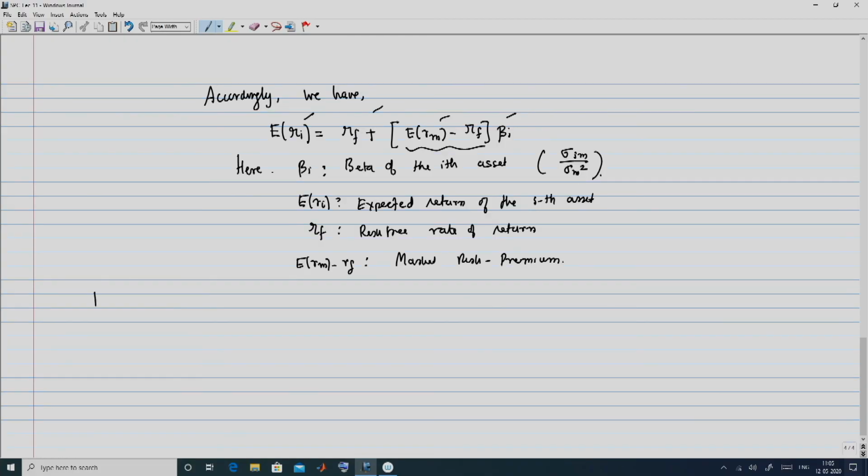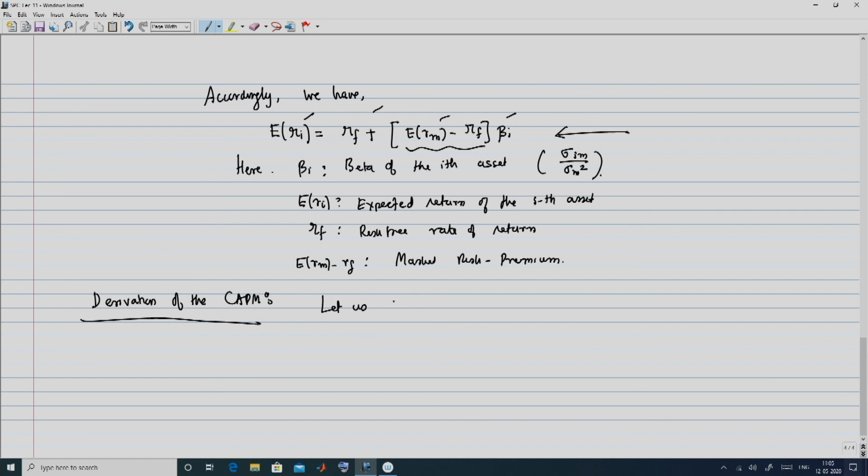Since this is an additional benefit, or potentially a loss, that you are going to get or incur as a result of taking up a risky position, that is the reason why it is known as the market risk premium. Okay. Now, once I have set up this equation, let me talk about the derivation of the CAPM.